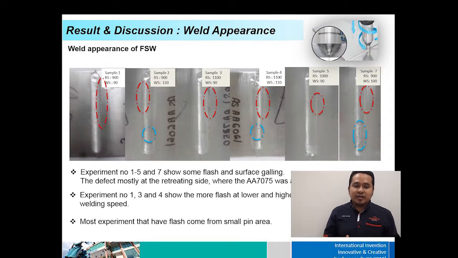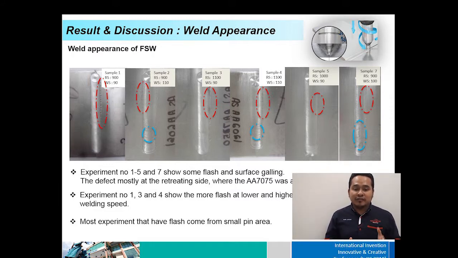Okay, the figure shows the weld appearance of the FFW. Based on the experiments number 1 until 5 and 7, they show some flash and surface galling. The defects are mostly at the retreating side where the aluminum alloy 7075 was located. Experiments number 1, 3 and 4 show more flash at the lowest and highest rotational speed and welding speed.